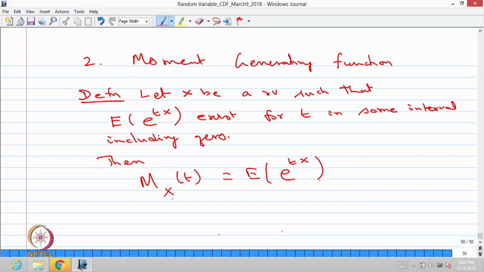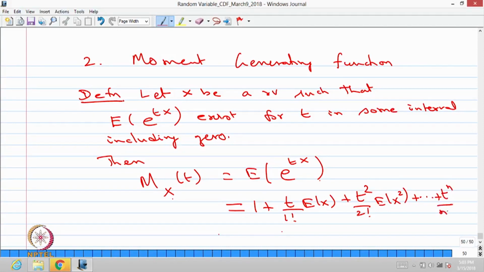Since e power t x can be expanded, that is the same as 1 plus t divided by factorial 1 expectation of x plus t square by 2 factorial expectation of x square and so on, plus t power n by n factorial expectation of x power n.